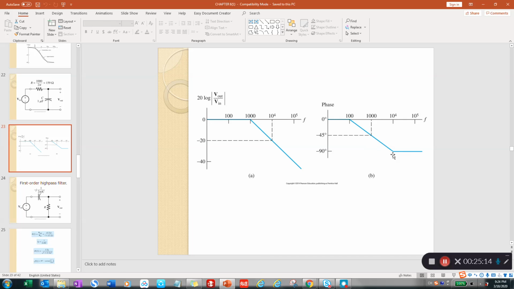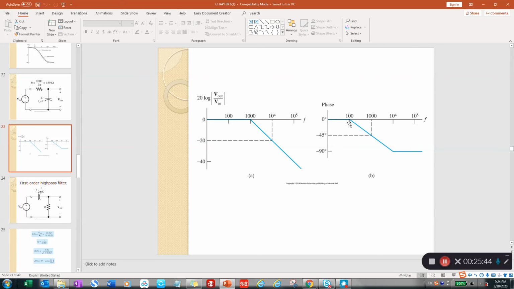Then we identify the other critical point, which is 10 times the break frequency. Frequency equal to 10 to the power of 4. Then we know that the phase angle will be equal to negative 90 degrees. And if we continue to increase the frequency, then all these values of the phase angle will be negative 90.